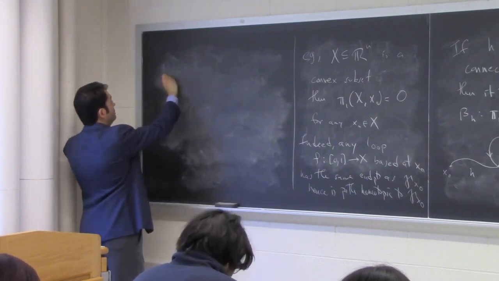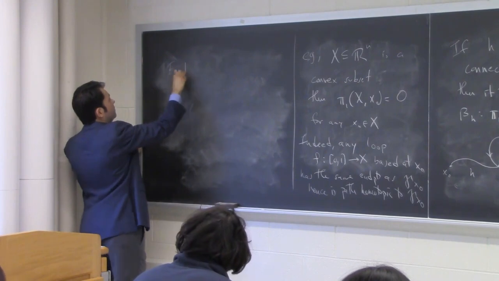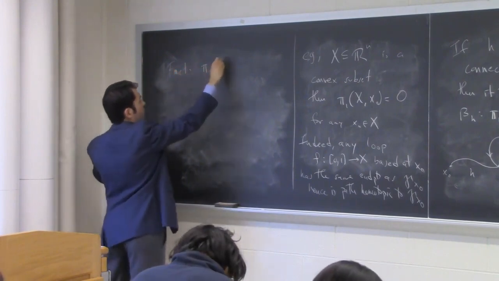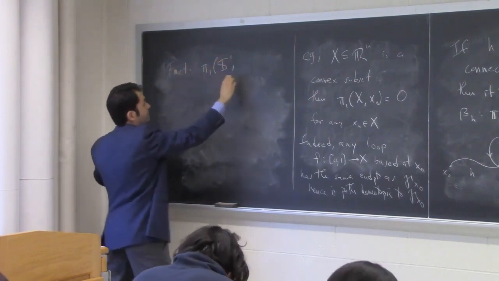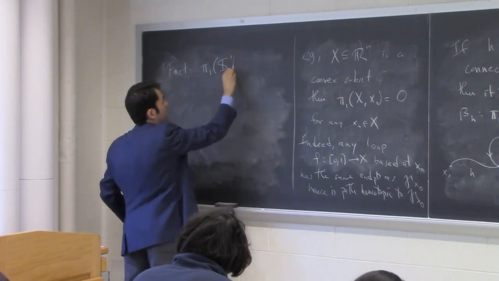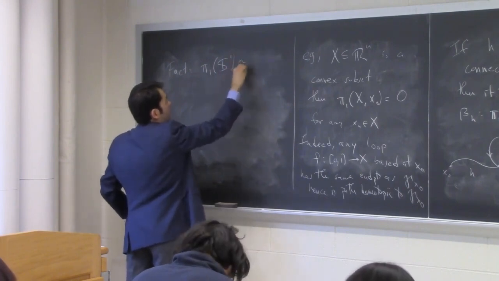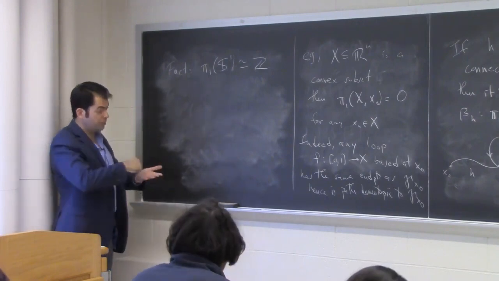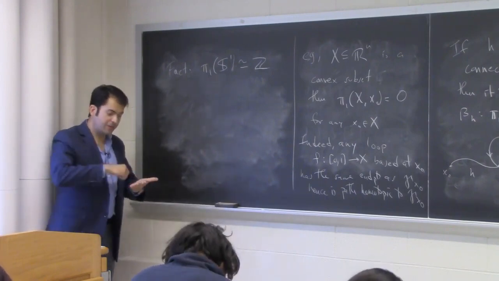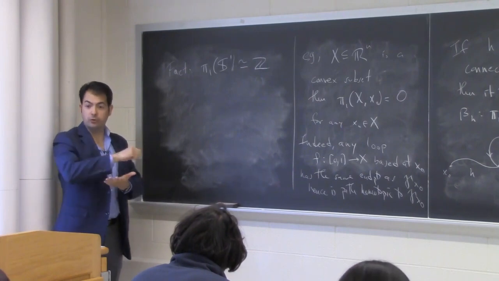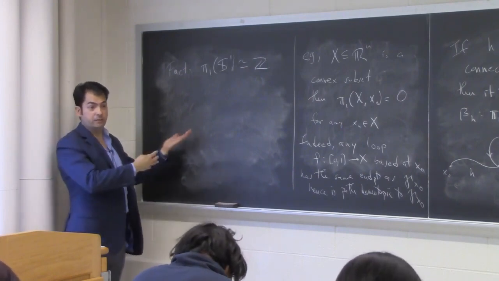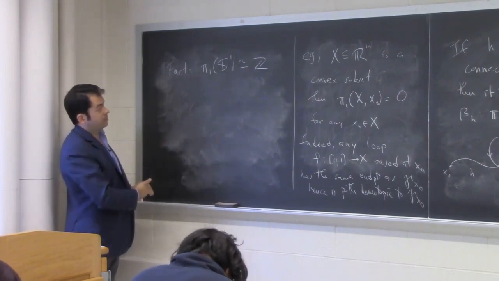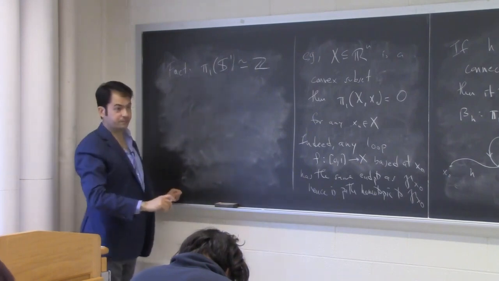So the fact is that the fundamental group of the circle with any base point, so I won't bother, is the integers, right? And so to a loop, we're just going to assign how many times you actually make it around the circle with sign, and that's going to determine the homotopy class.